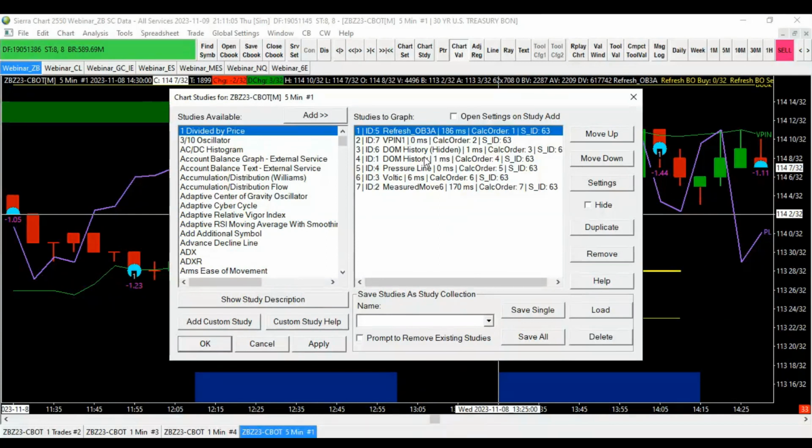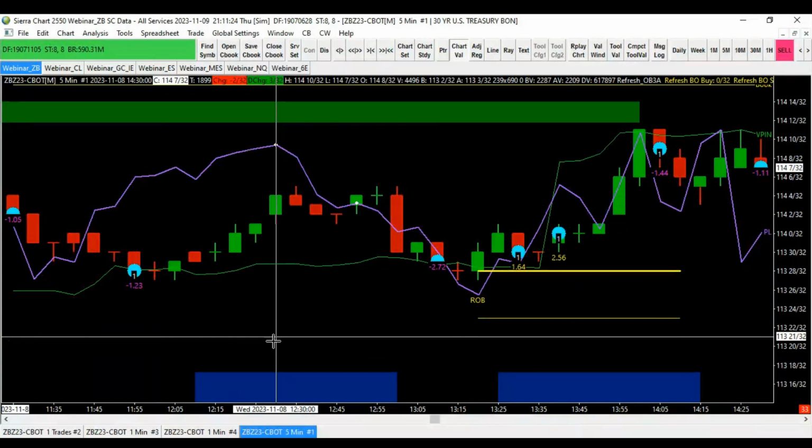The other one is for the book line, which is the famous yellow line that everybody knows, or at least those who've been in the room recently. Pressure line, Voltic, and measured move. I'll refer to those as we go through so you can see what influence each of those has on the market, or our interpretation of the market at least.